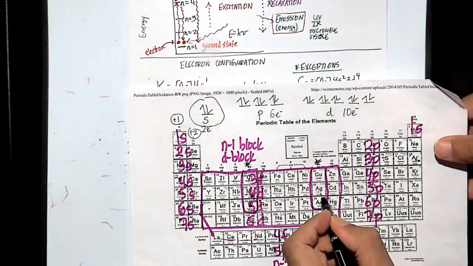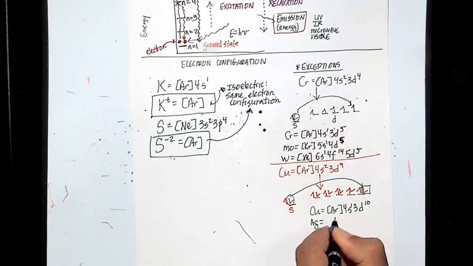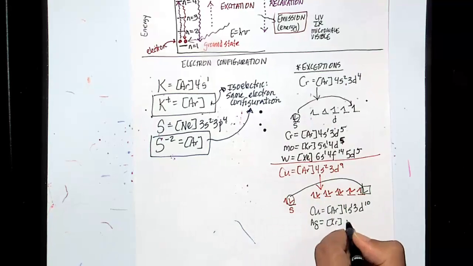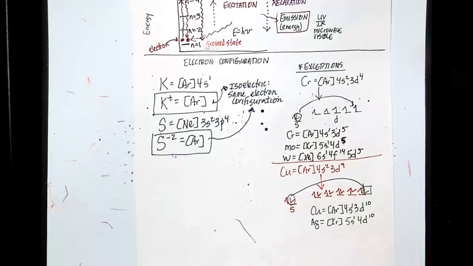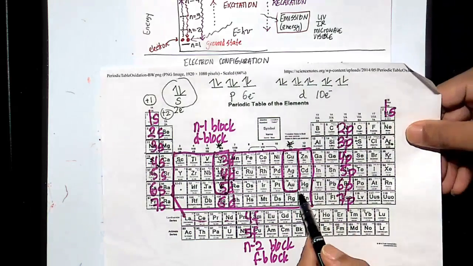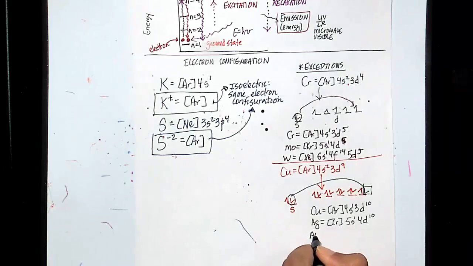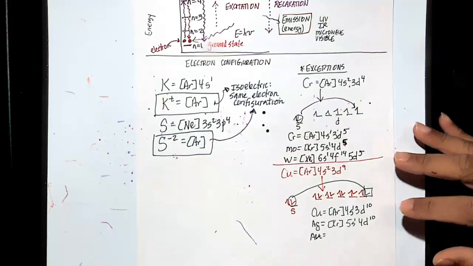We can go one below. Silver, Ag, is going to be krypton 5s1, 4d10, and then gold right below silver. And this just happens by itself.